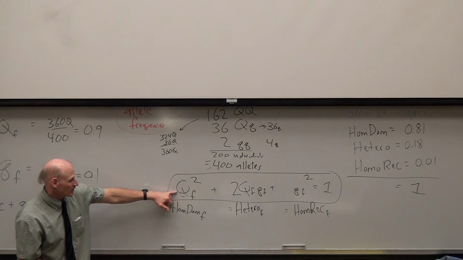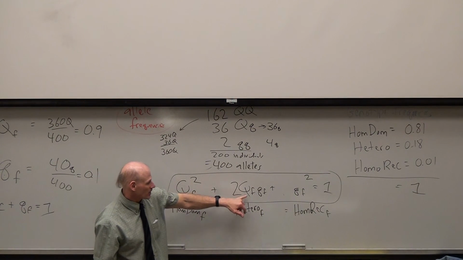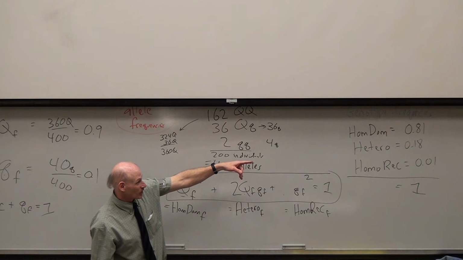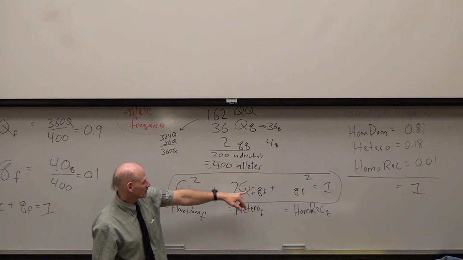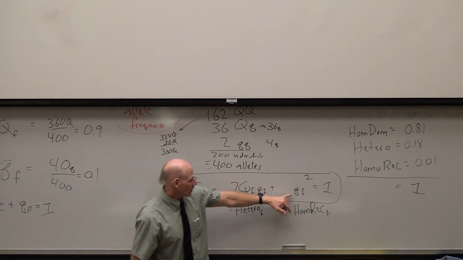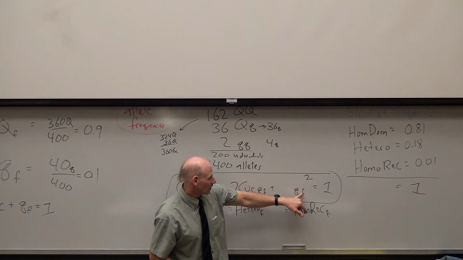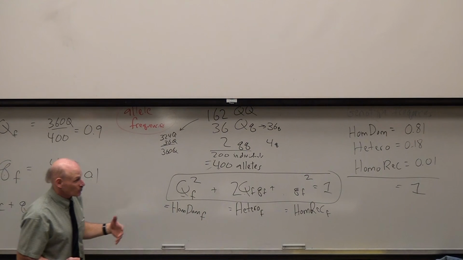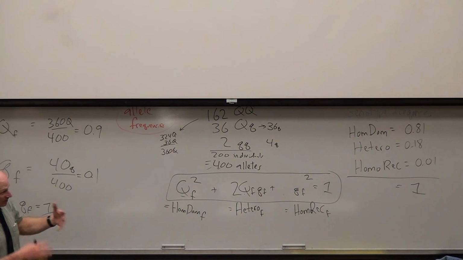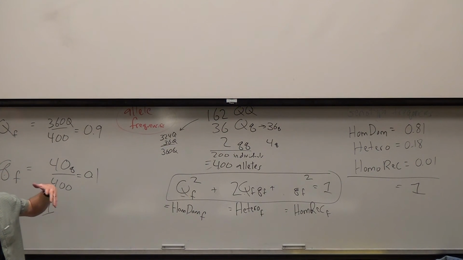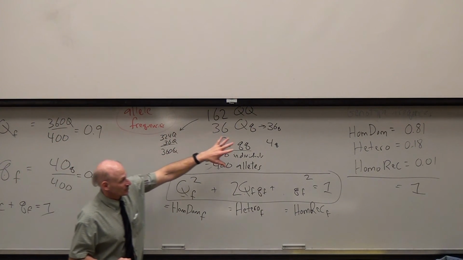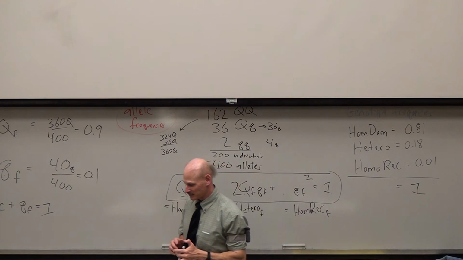I think it's going to be 0.81. And what's 2 times 0.9 times 0.1? I'm pretty sure that's 0.18. And what's 0.1 times 0.1? In other words, little q f squared, 0.01. So the equation works. As long as they're mating with each other randomly and the genes aren't affecting survival, this equation will allow you to relate the allele frequencies to the genotype frequencies.